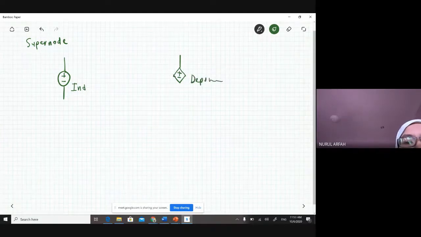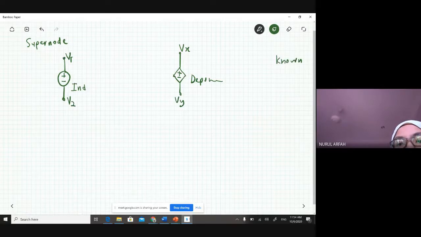A dependent voltage source connected end to end, but these ends are unknown nodes, maybe V1 and then V2. So these are unknown nodes, maybe Vx and maybe Vy. What is a known node? It's a node with value. Is 0 volt a known value or not?